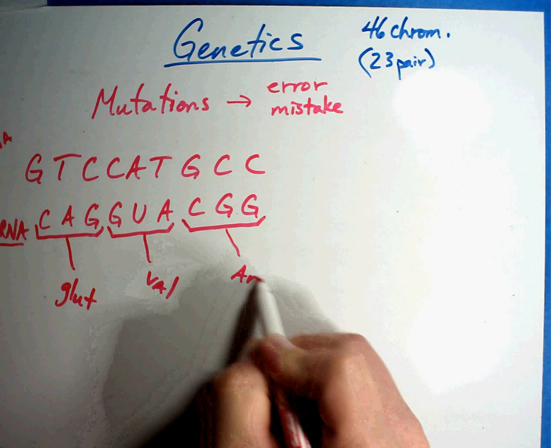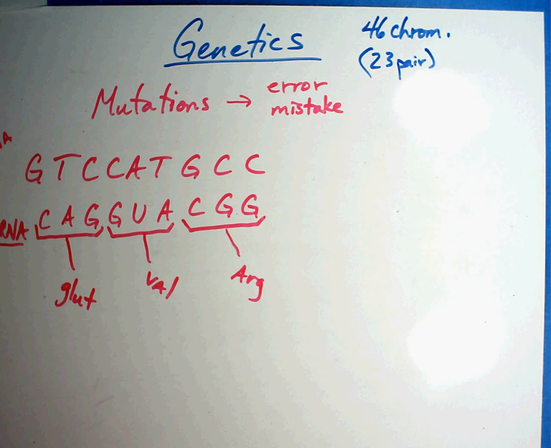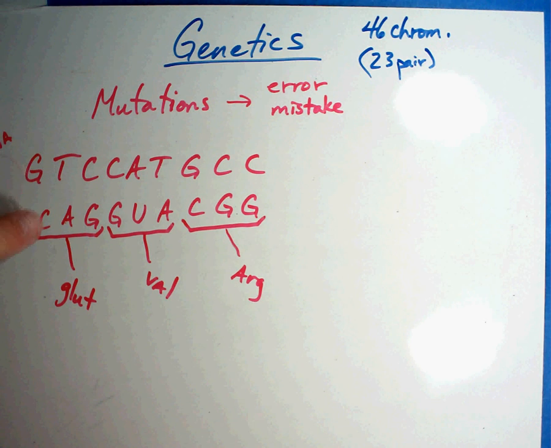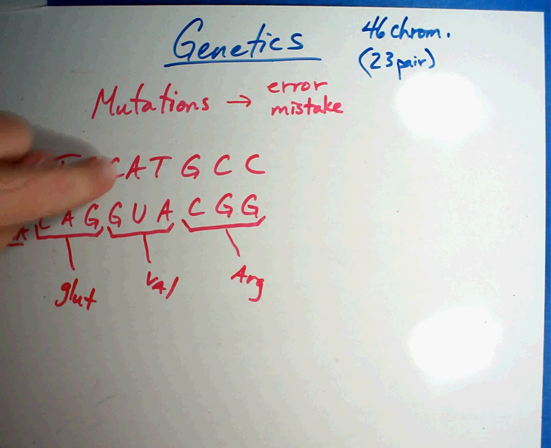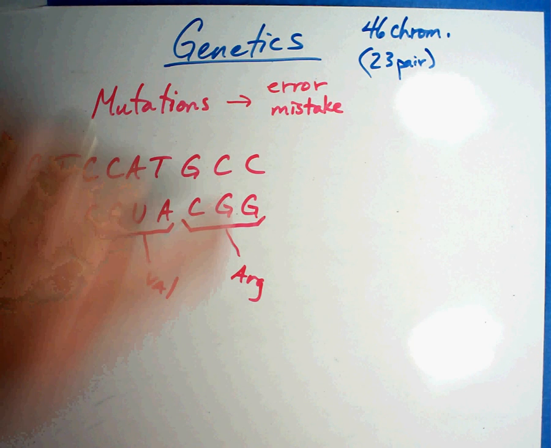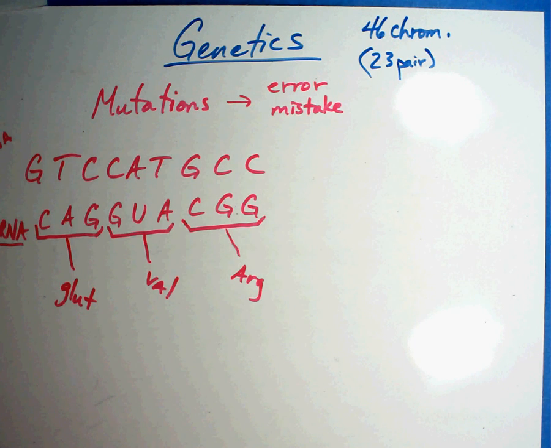Now, I just picked a really, really small piece of DNA, but here's what a mutation is. There are thousands and thousands of times that cells do this over and over, and sometimes they make a mistake. And again, sometimes the mistake is great, and sometimes it's just not really something that's bad at all.